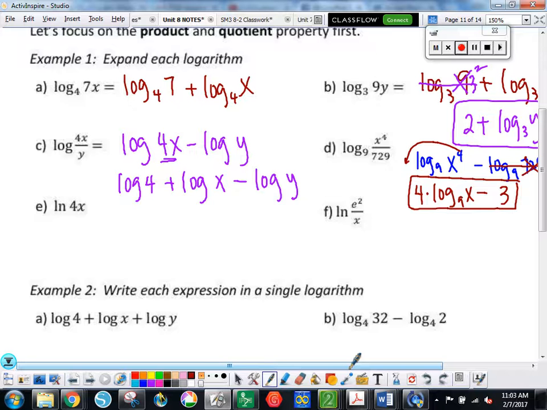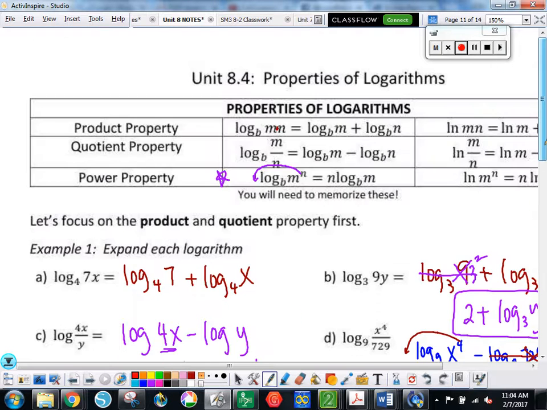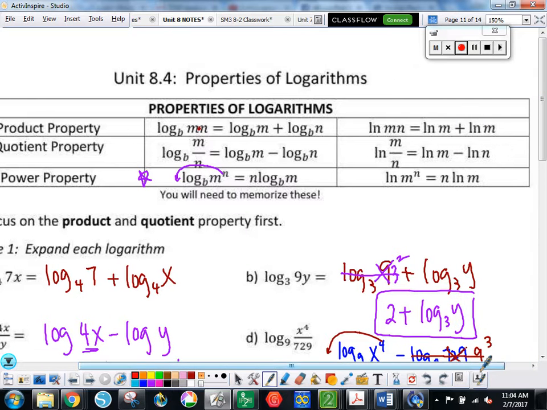All right, part E, you have this multiplied, so spread it out for me. ln 4. Oh yeah, that's supposed to be an n.